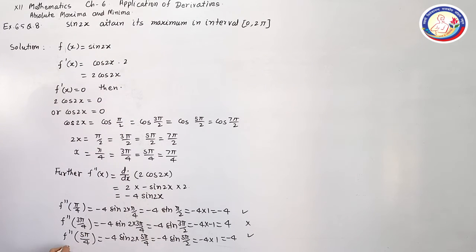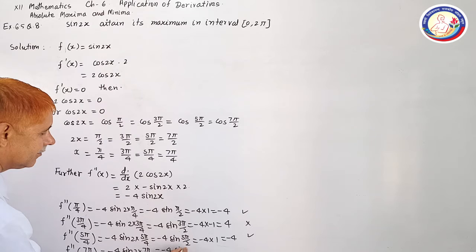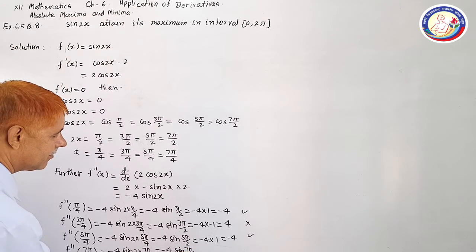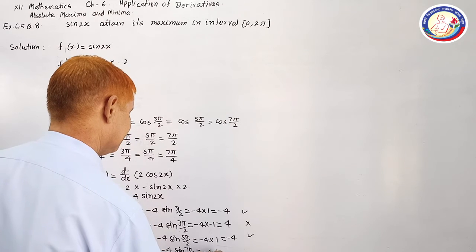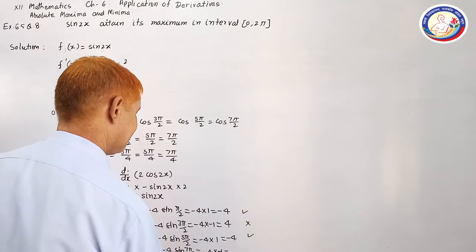Now take the next point, that is 7 pi by 4. Minus 4 into sine of 2 into 7 pi by 4, that is minus 4 into sine of 7 pi by 4. This will again be negative, minus 1.